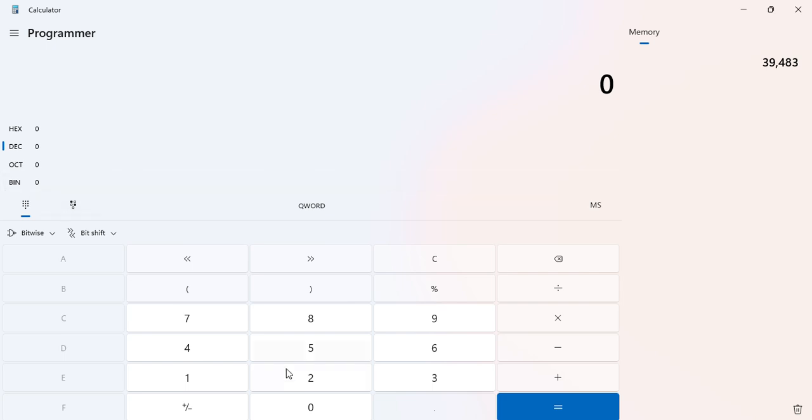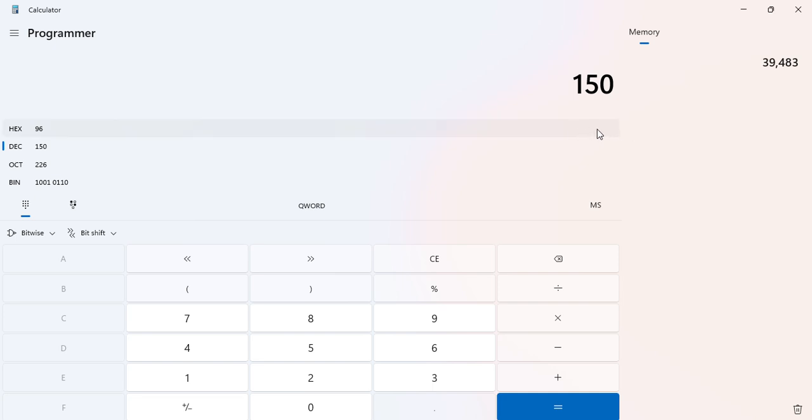And you can enter a number here. Suppose you enter 150. This is the number you entered in the normal method, but immediately it's converted and shown in different methods. That means hexadecimal number, decimal number, octal number, binary number. So the 150 is what we typed in the decimal number system.